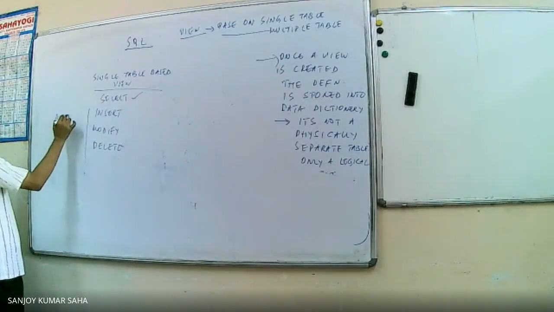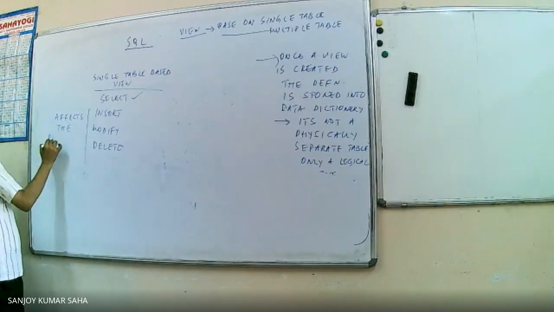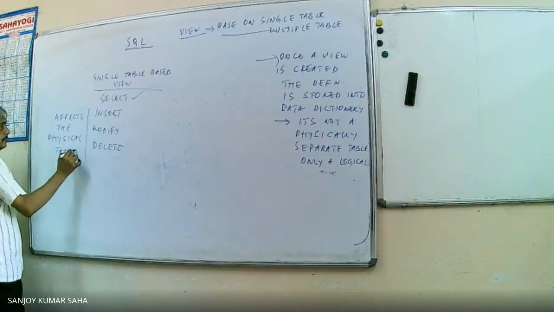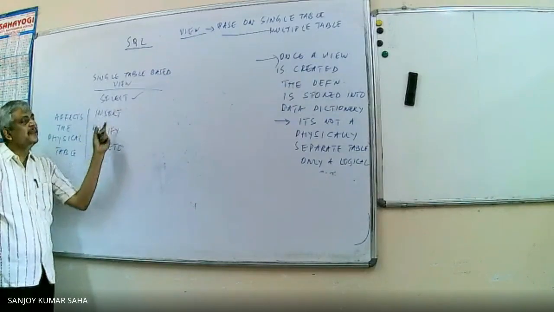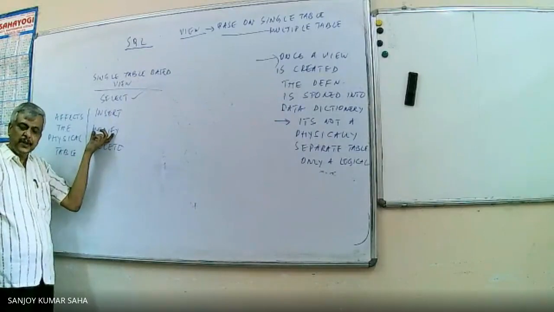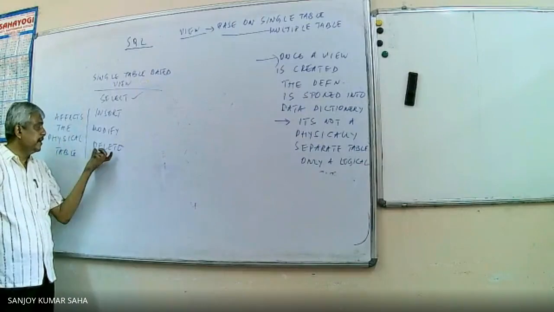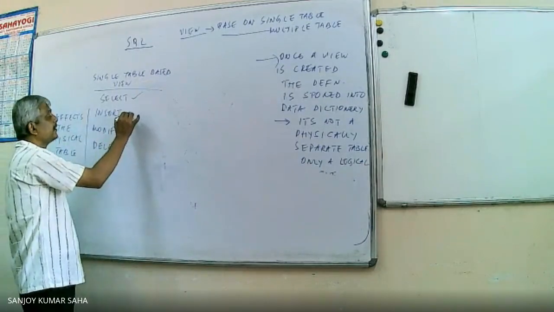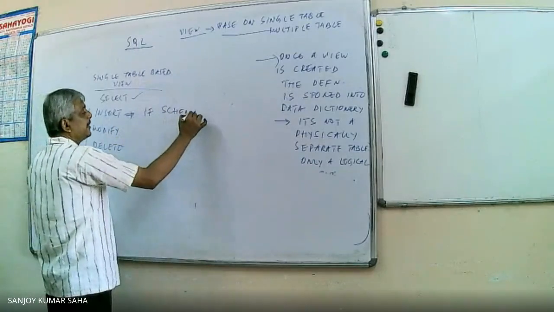It affects the physical table because a view is not the physical one. So inserting into the view actually means inserting into the table. Modifying a tuple through the view means actually modifying the final table. Same thing for delete.